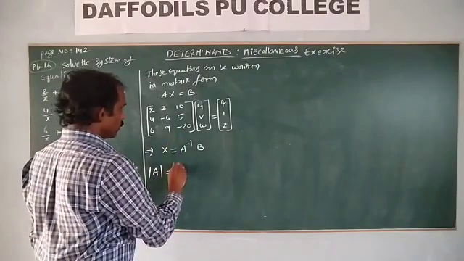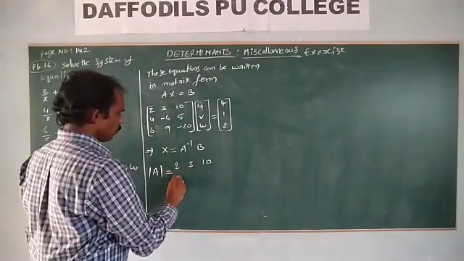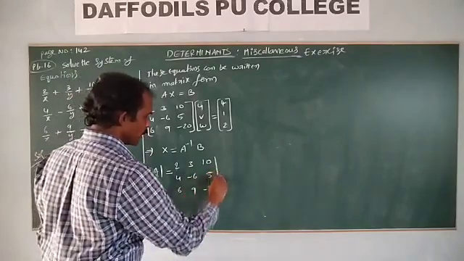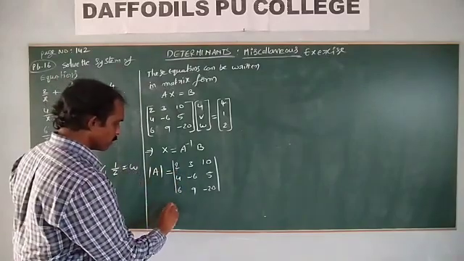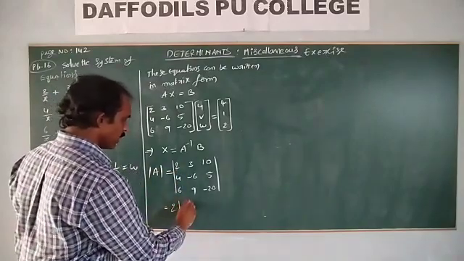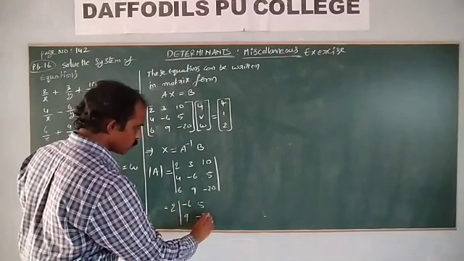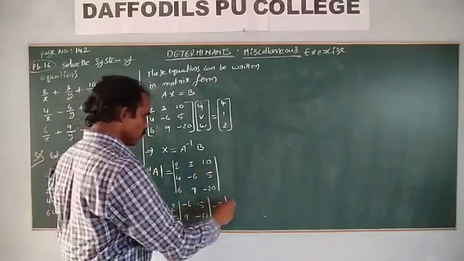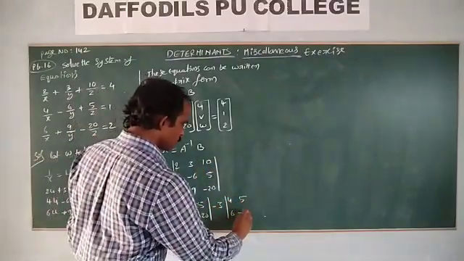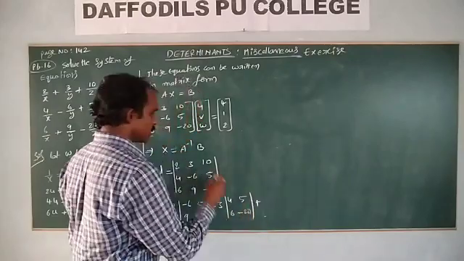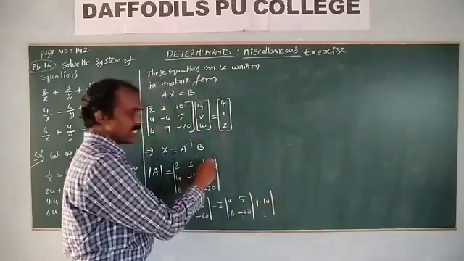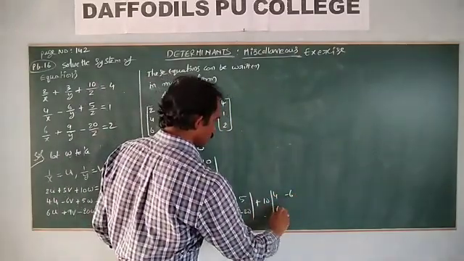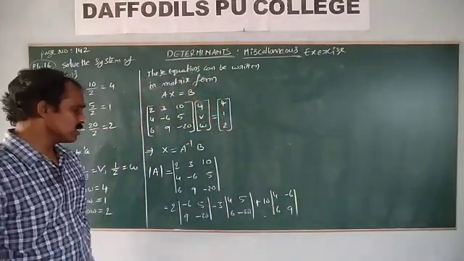Determinant of A: 2, 3, 10; 4, minus 6, 5; 6, 9, minus 20. Expanding: 2 times the minor of minus 6, 5, 9, minus 20, minus 3 times, deleting this column, 4, 5, 6, minus 20, plus 10 times, deleting this column, 4 minus 6, 6, 9.